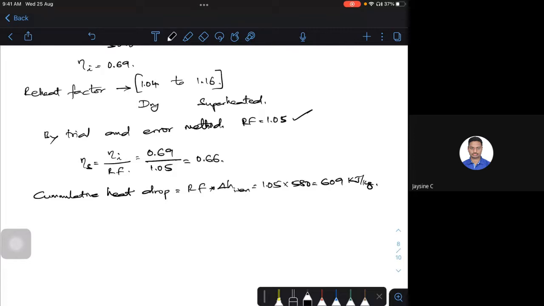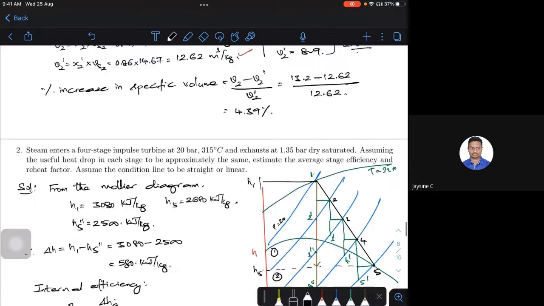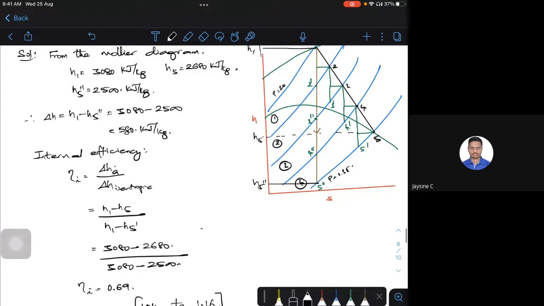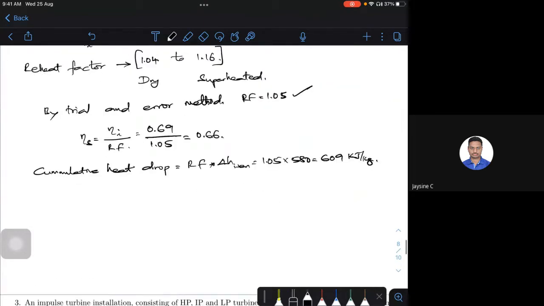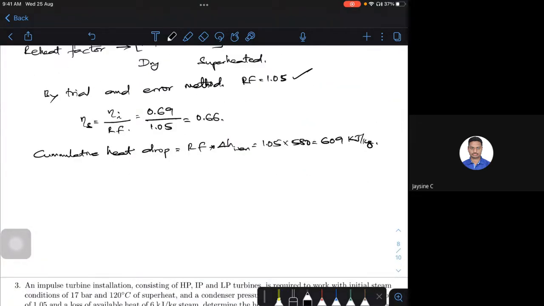Now this work is shared between 4 stages. We have 4 stages, 1, 2, 3, 4. Since the work is shared between 4 stages, what will be the isentropic drop for each stage?